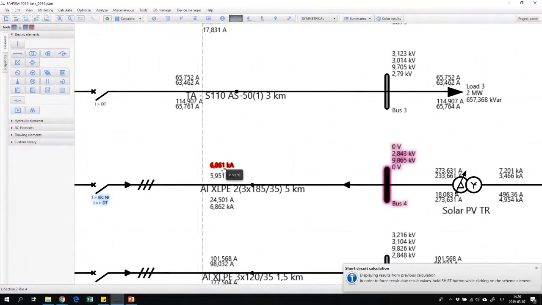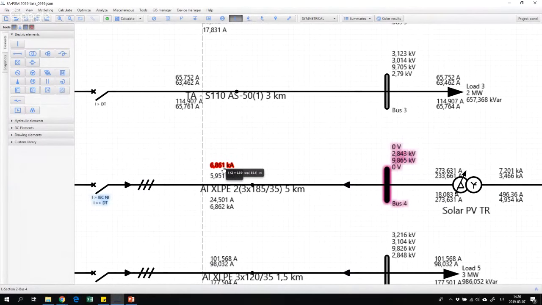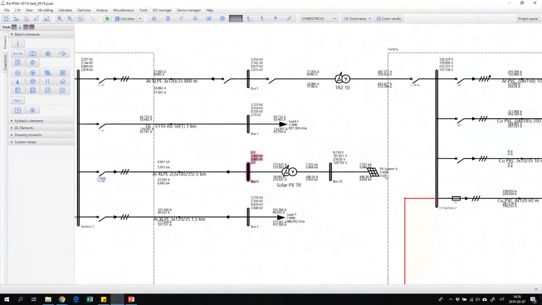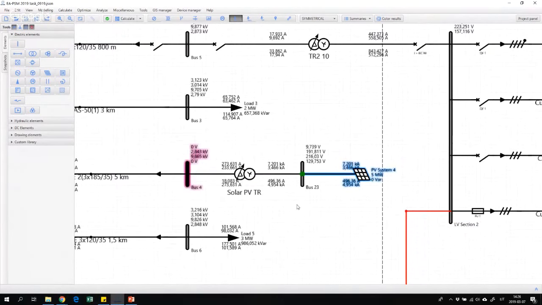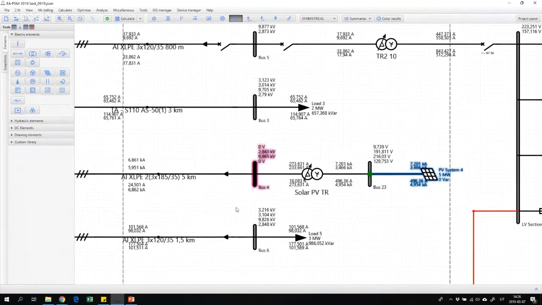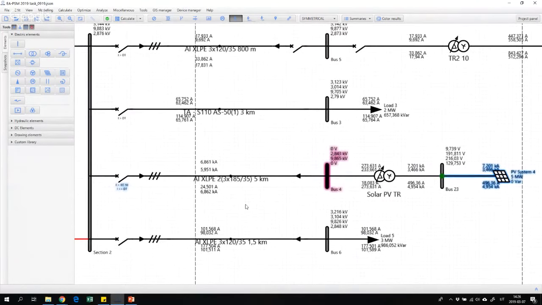If our network has a very small short circuit current, it is not powerful, and we cannot connect a big and powerful solar power plant, because it will affect our loads too much. These calculations are always required by the distribution system operator when we are connecting a solar power plant to their network. We also need to do protection coordination.